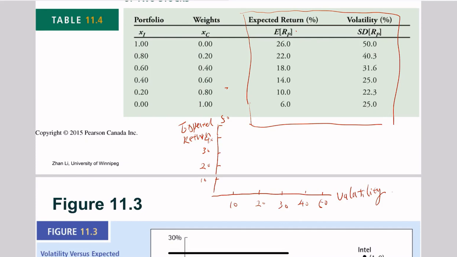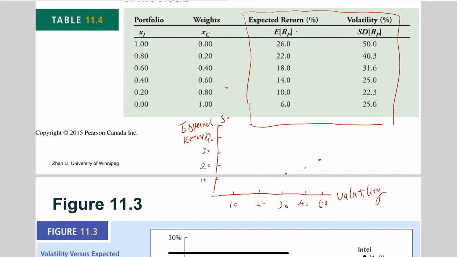So let's say if standard deviation is 40, then expected return is about 26. And if it's 40, then expected return is about 22. So it's here. And if it's 31, we get a return of 18, right? And continue to do this, 25, we get a smaller return. And then 22, we get, oops.